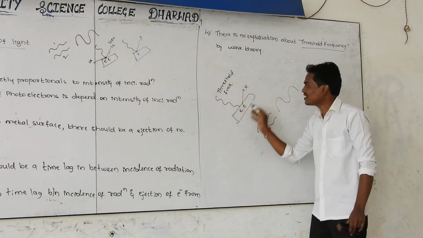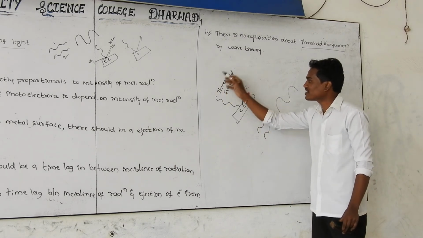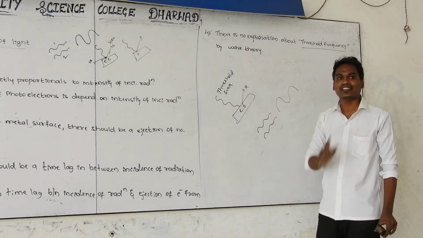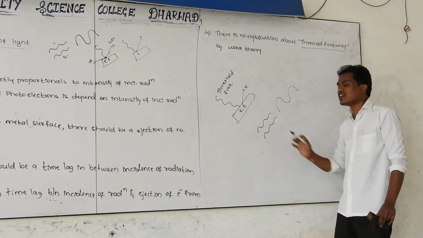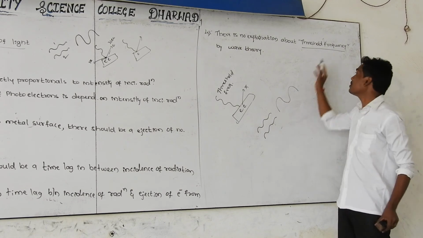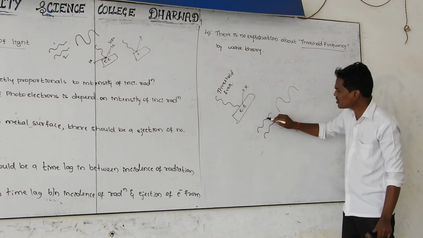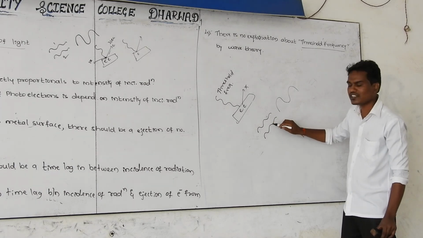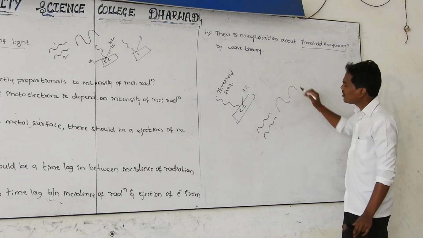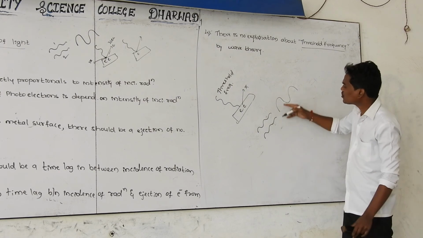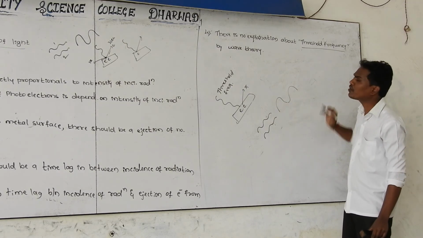That's why the concept of threshold frequency we study in particle theory. According to wave theory, even with lowest frequencies there is still a superposition of these two waves that produces a bigger wave.